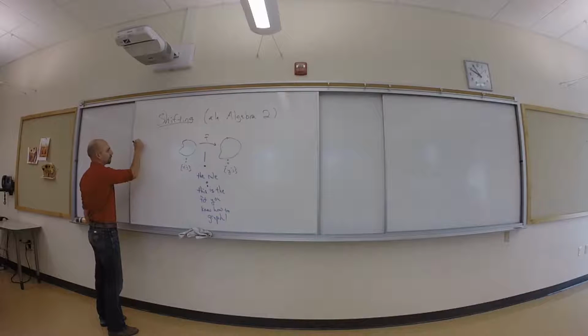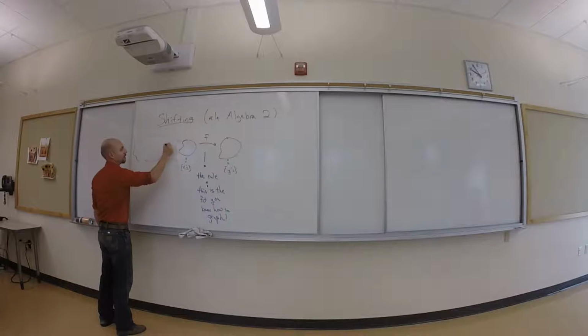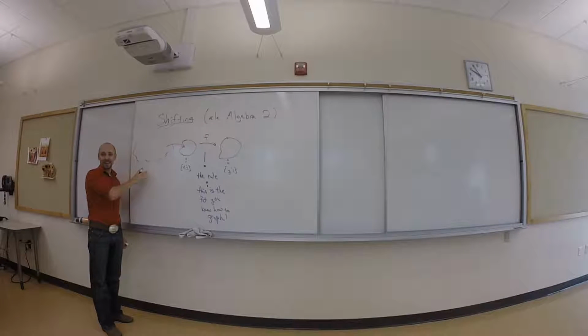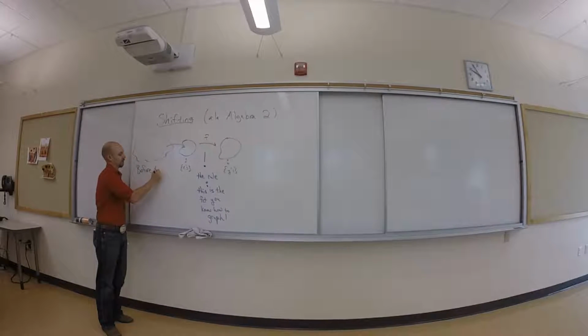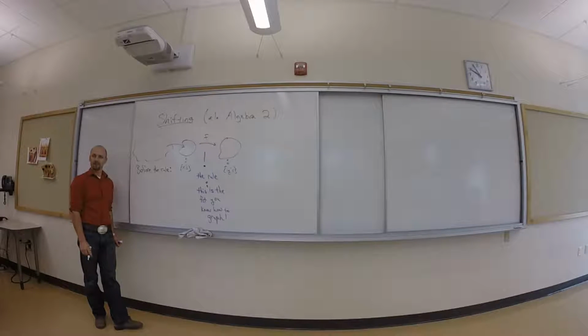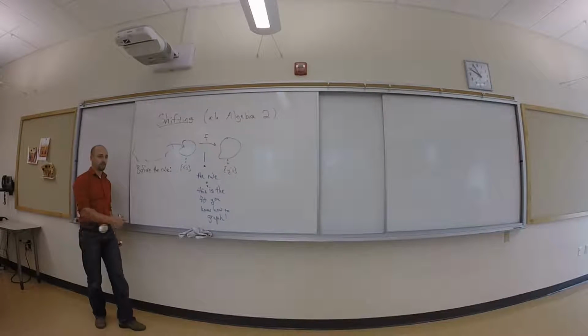So if I put more functions on the beginning, these are going to be before the rule things. What are they going to change, the x's or the y's? X's. Yeah, they're really modifications of x, right?